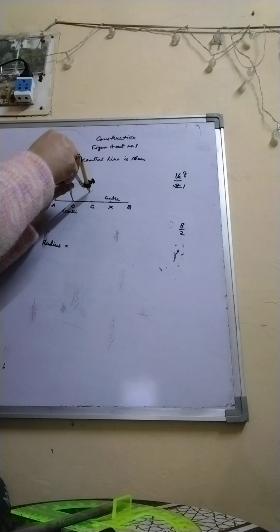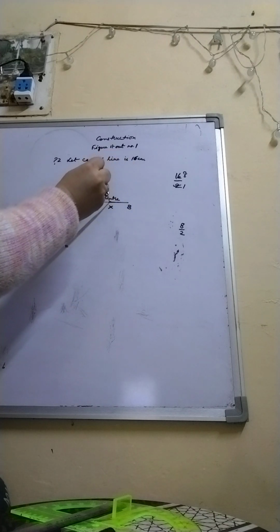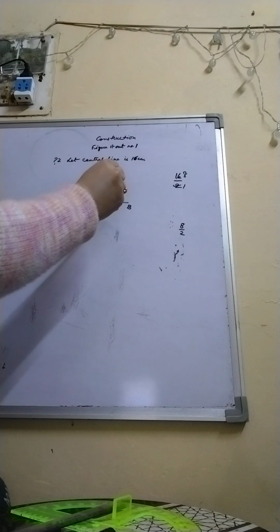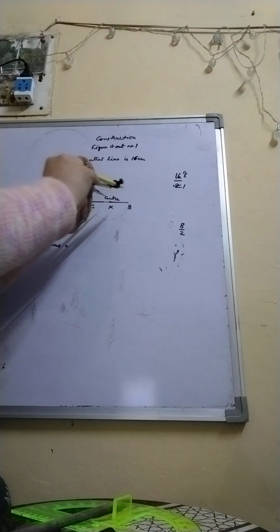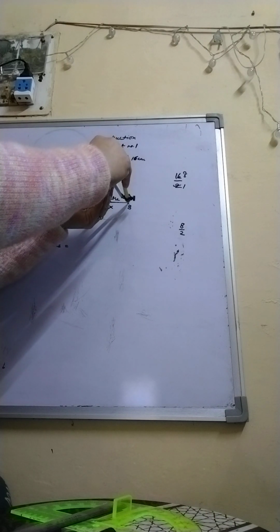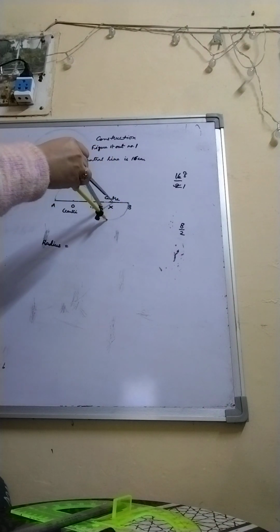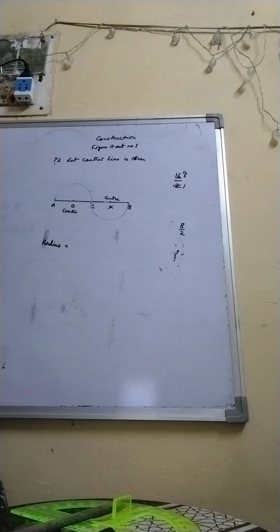So this is the way you draw the half circle, the upper half circle. Then taking X as the center, we would draw the next half circle from below, and this is how your wave is completed. So now you must have got familiar with how to draw the half circles here.